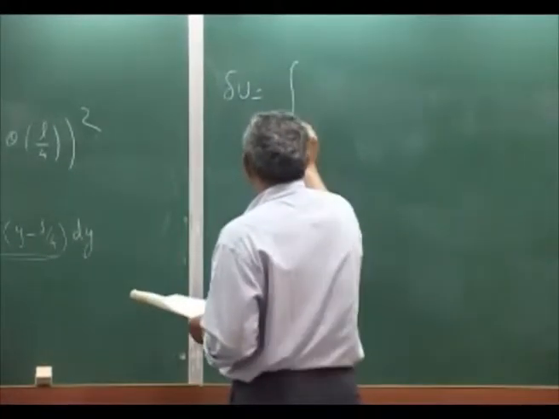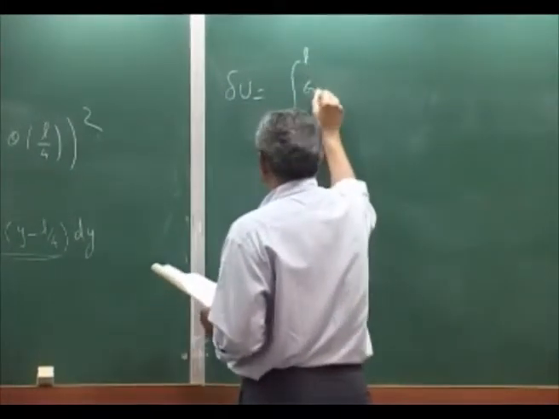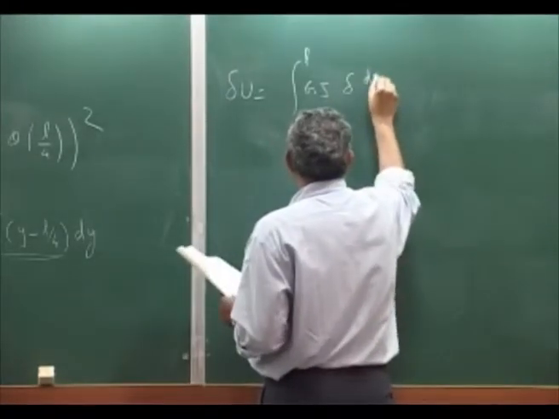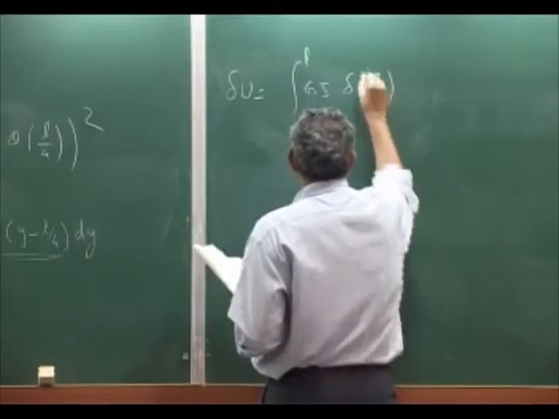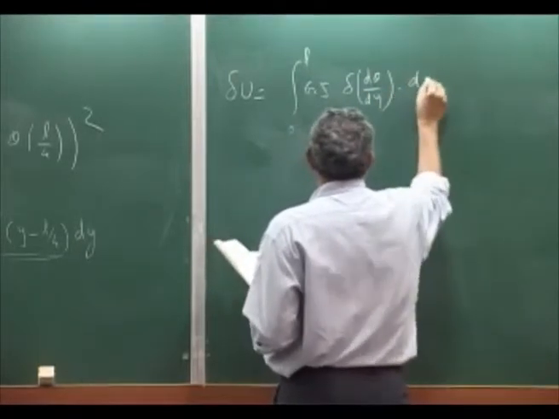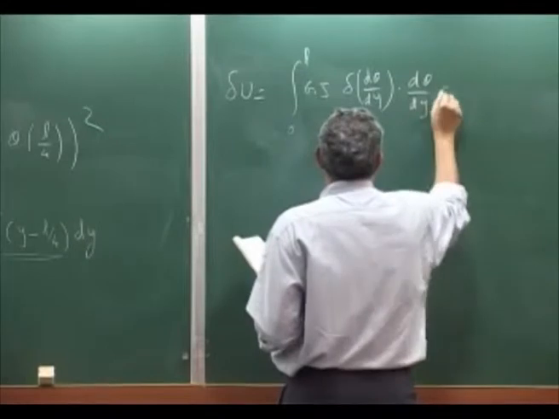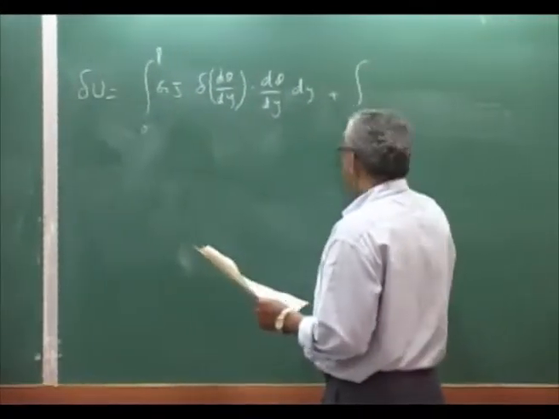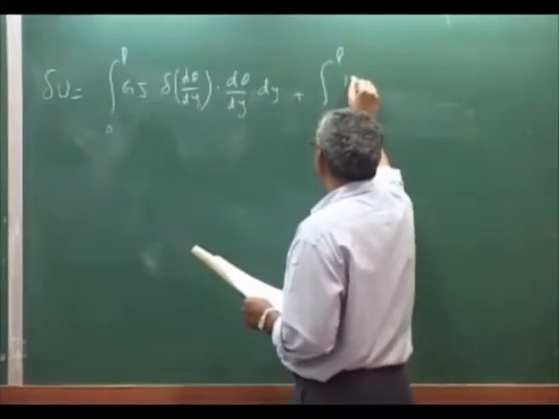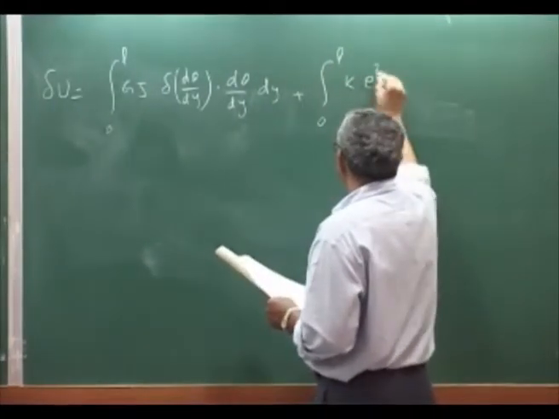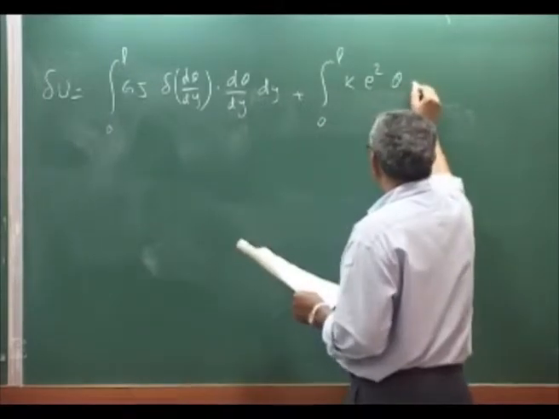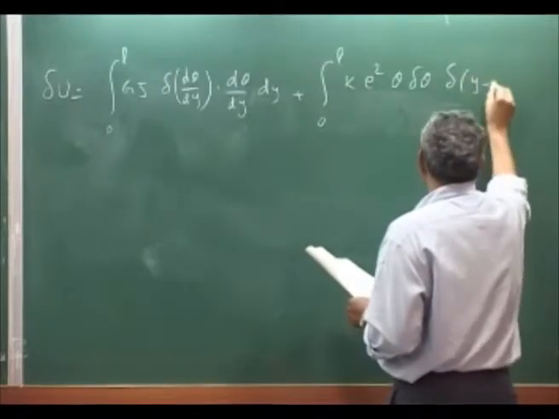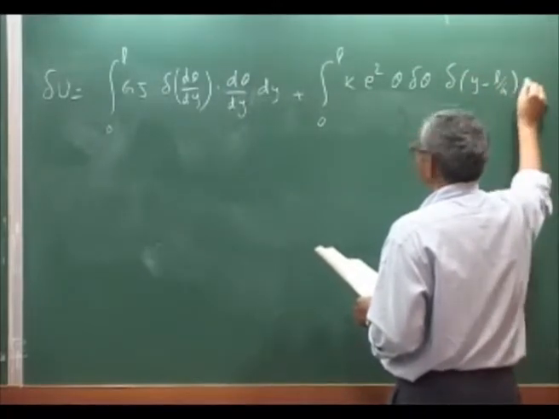So you will have integral 0 to L GJ d theta by dy delta of (d theta by dy) dy plus integral 0 to L K EL squared theta delta theta delta(y minus L by 4) dy.